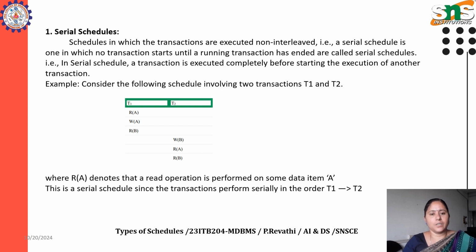Here, T1 reads A, then writes A, then reads B. After finishing T1, T2 begins. It writes B, then reads A, then reads B. Here R(A) denotes that a read operation is performed on data item A. This is a serial schedule since the transactions are performed serially in the order T1, T2.